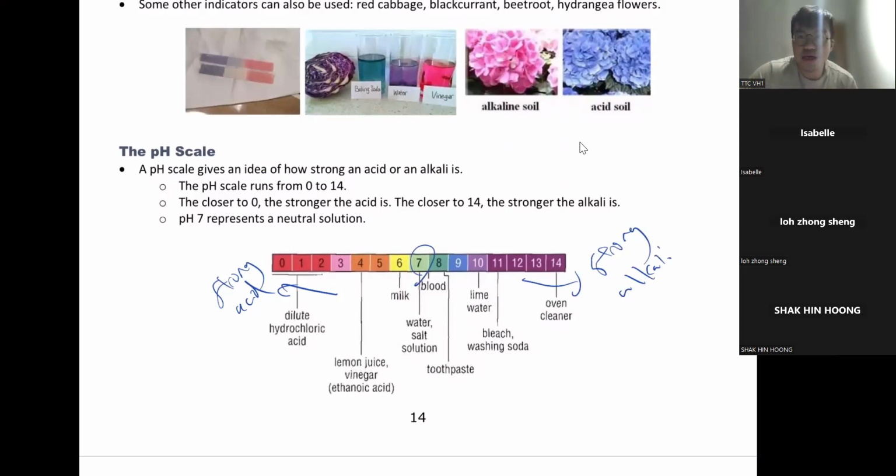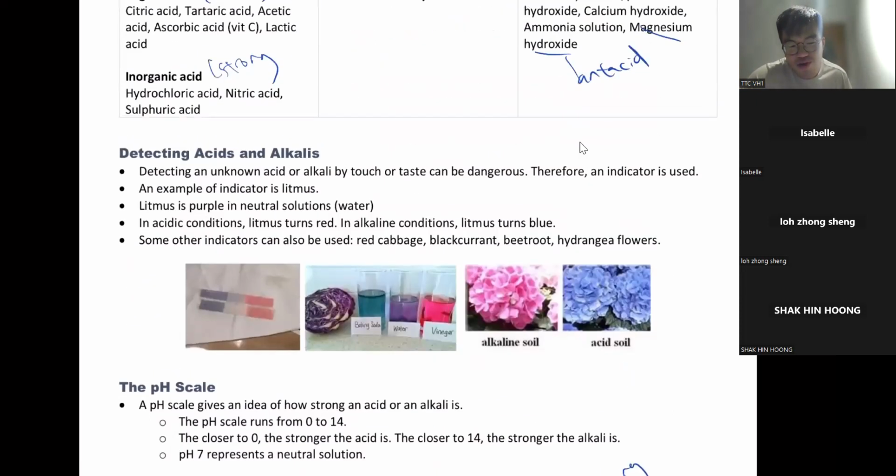Guys, most of our body fluid, put it that way, is alkaline. Besides the stomach acid, most of it is alkaline. Your blood is 7.4, which is slightly alkaline. Pee is also alkaline. Yeah, pee is toxic water, but it's alkaline. Your pee has ammonia, guys.